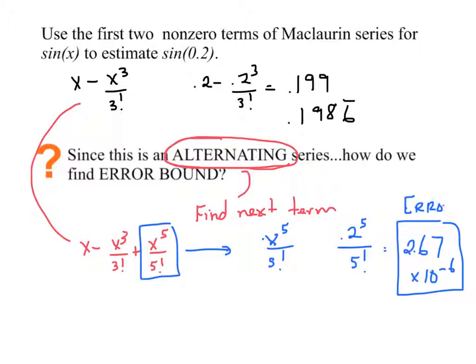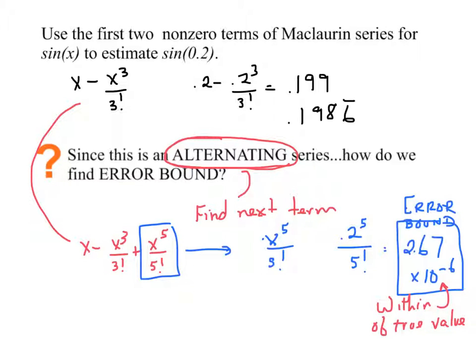Alternating series are really nice because all you need to do is calculate the next term, or the first term you didn't calculate in your series. What that tells me is that my estimate is within this of the true value. Again, this is a bound. I might be even closer than that, but I'm not more than 2.67 times 10 to the negative 6th away.